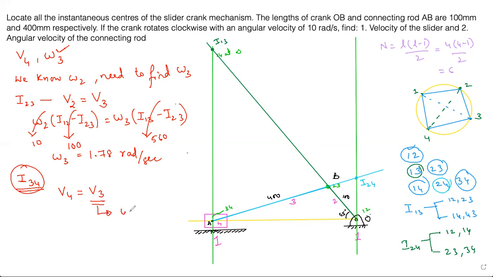So what is V3? Omega 3 into the distance I13 to I34. Don't take omega 4, because there is no omega 4 actually. Because 4 is sliding, it does not have omega. So you cannot equate it to omega 4 into the I14 to I34 distance. Don't do that. Just find V3, and it is equal to V4. You'll get the slider velocity. Omega 3 is already known.